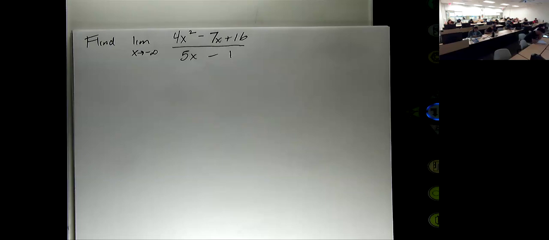You have the printed notes, this is slightly different. I just chose a different problem, but it has the same setup.